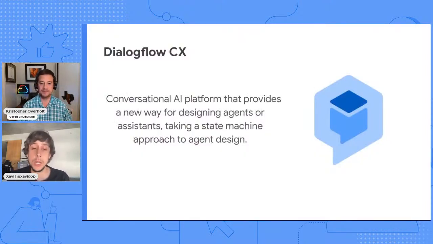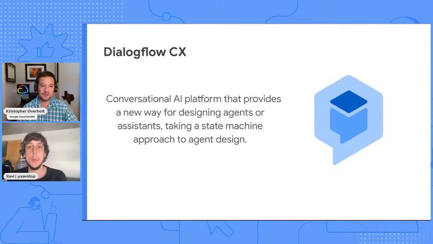Dialogflow CX is a conversational AI platform that provides a new way of designing agents or assistants, taking a state machine approach to agent design. We will see an example of what an agent looks like, but if someone here has tried Dialogflow ES, the older version, what you will miss is a graphic user interface where you can easily create conversations, and a state machine manager.